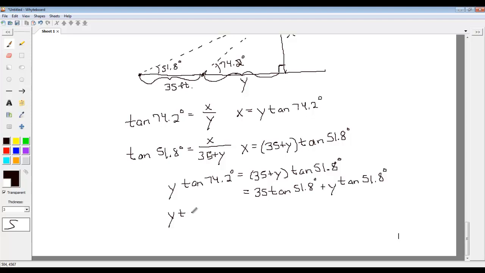You get y tan of 74.2 degrees minus y tan of 51.8 degrees equals 35 tan of 51.8 degrees. Factor out y. You'll have tan of 74.2 minus tan of 51.8. Then you can divide both sides by that.